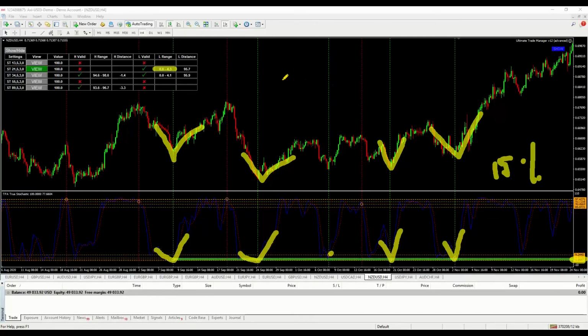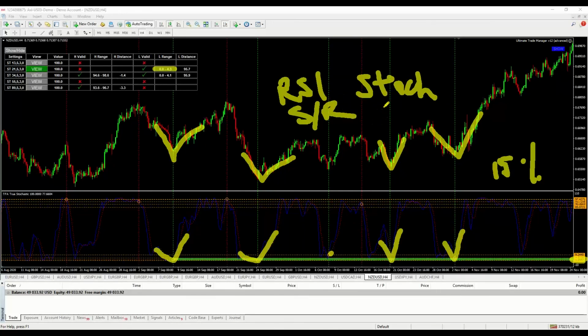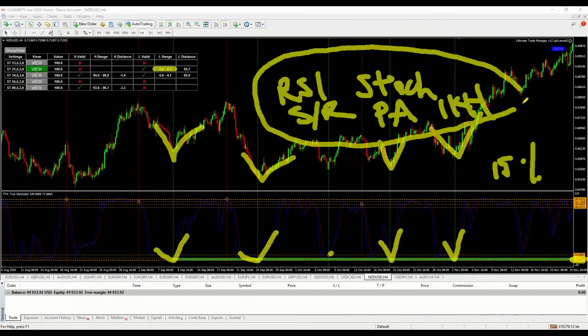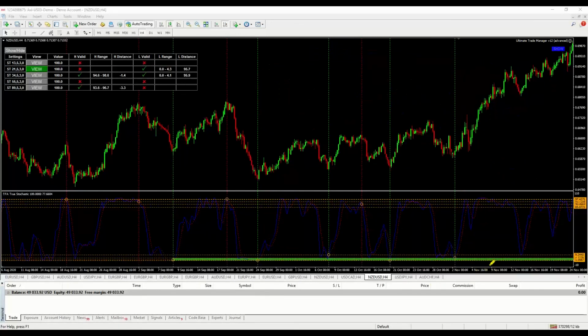You use the RSI, you use the stochastic, you use support and resistance, you use price action, you use the Ichimoku, you use other stuff, throw it all together, and that is where you increase your probability of being correct. So what we're doing here is providing you with the trading tools to help you make better, higher probability trades.